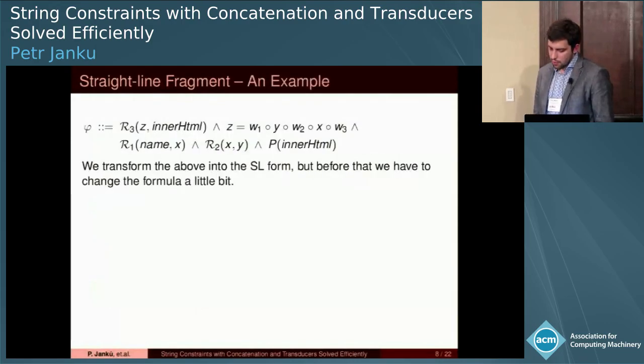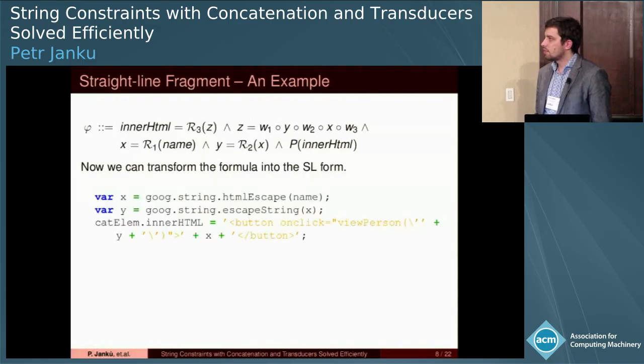So here is a formula from the previous example. And we check whether the given formula can be transformed into a straight line. But before that, we first rewrite the formula into a different notation. This notation is quite natural since R2 can be viewed as a string transformation from input x to output y.